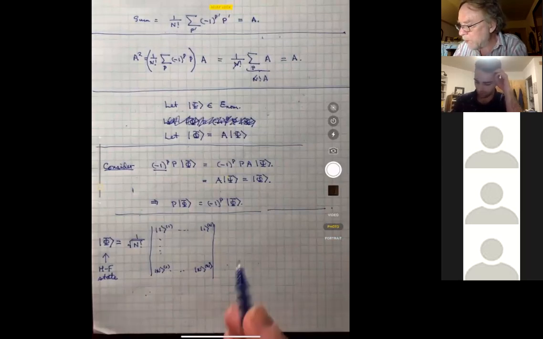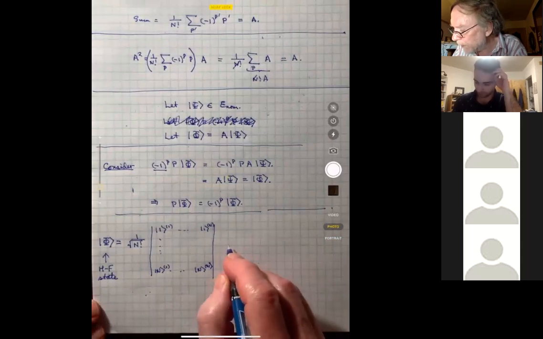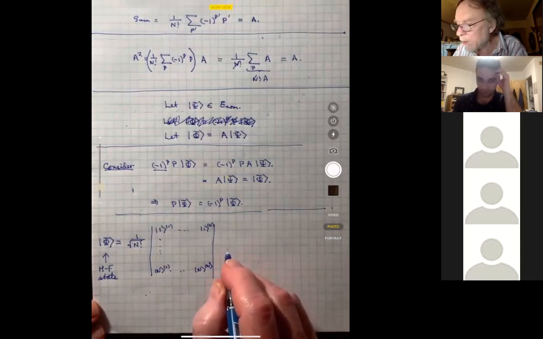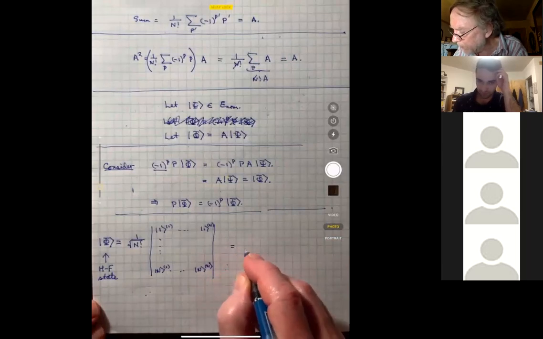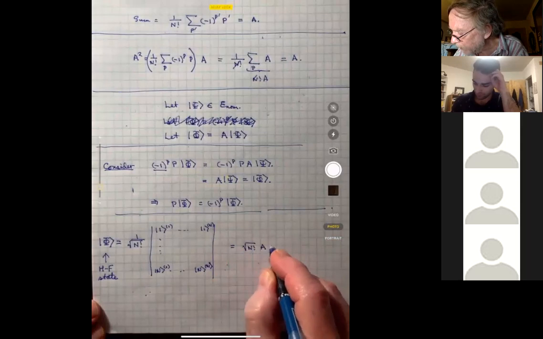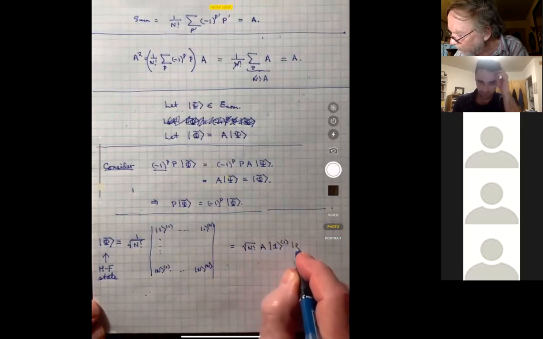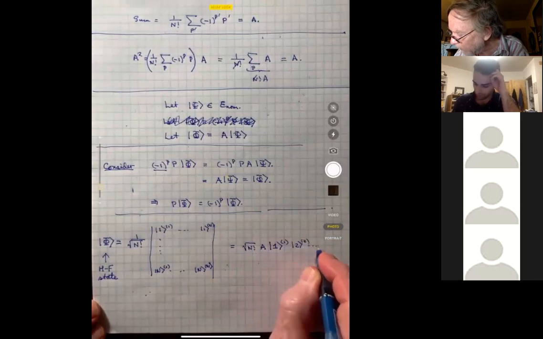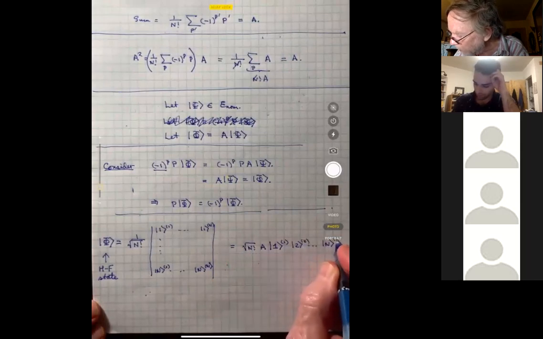Well, that's the same thing, except for the factor of n factorial, as the anti-symmetrizing projector. In fact, this is the same thing as the square root of n factorial times the anti-symmetrizing projector applied to the state with orbital 1 in particle 1, orbital 2 in particle 2, out to orbital n in particle n, like so.